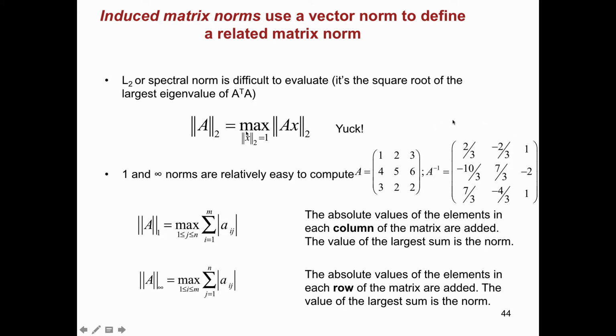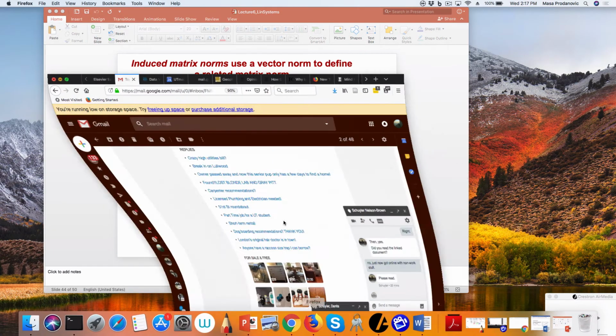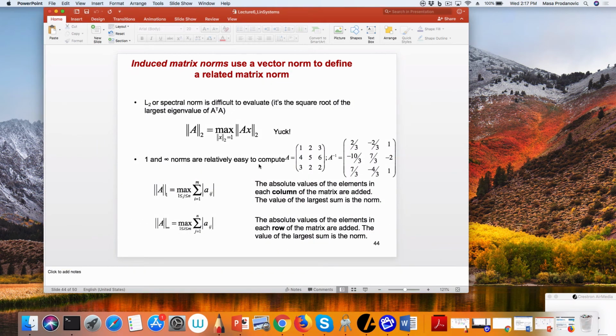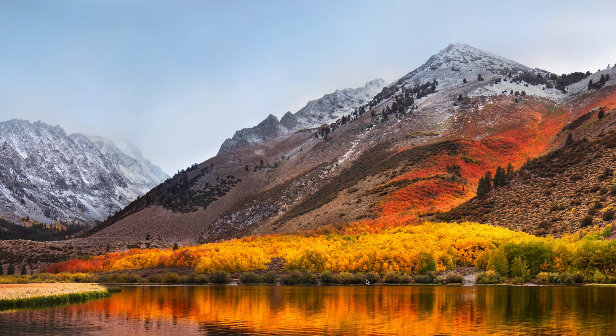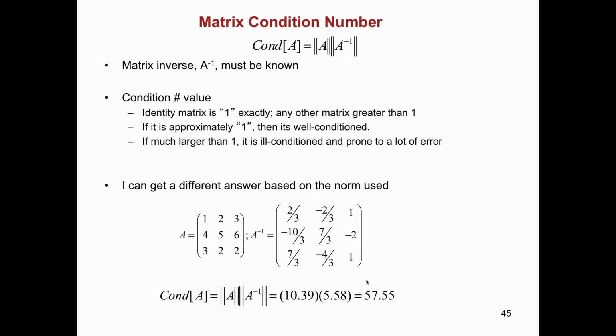And then the condition number for matrix A will be, in any norm, the norm of A times the norm of the inverse of A. Okay, let's actually do an example.